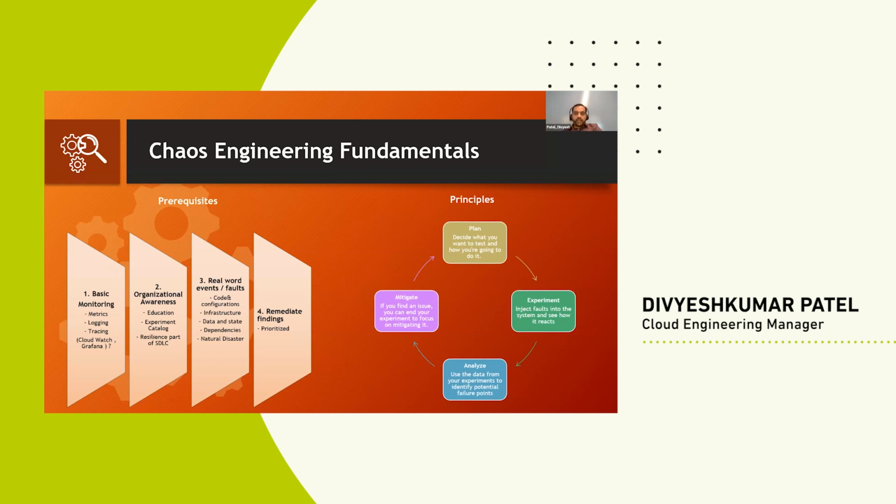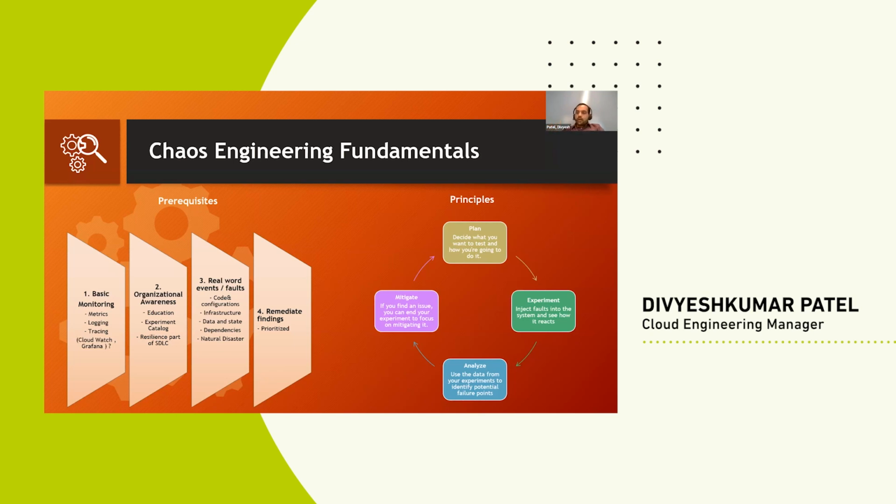So that is the experiment. Analysis is nothing but the monitoring. While you are executing your test, you are analyzing how the application is behaving. And mitigate is whatever you find as part of your analysis, you resolve that issue, and you do it as a continuous process. So the principles have four major points: plan, experiment, analysis, and mitigation, right?